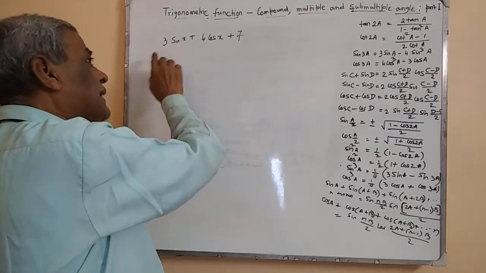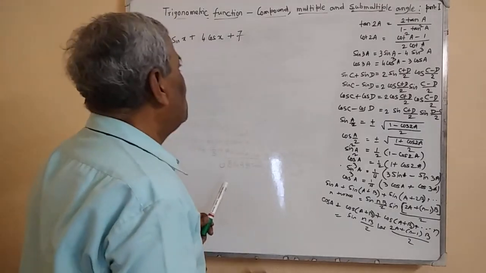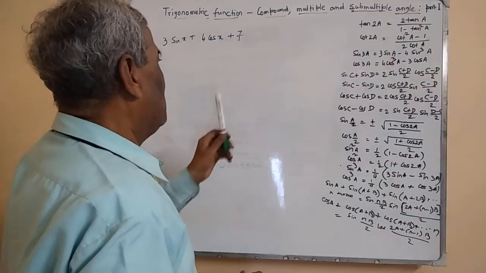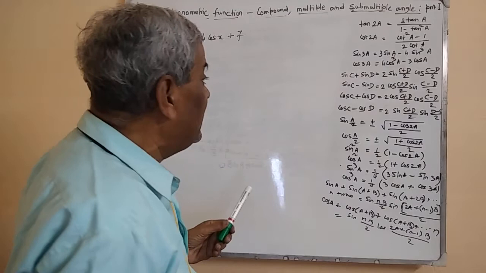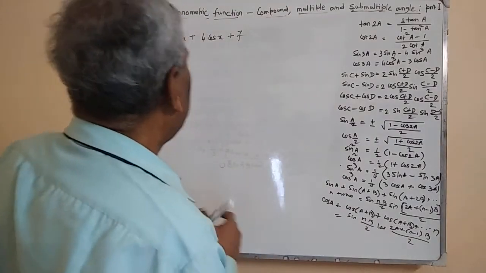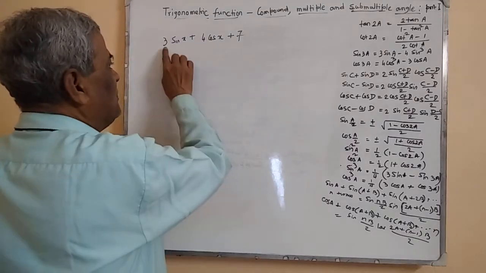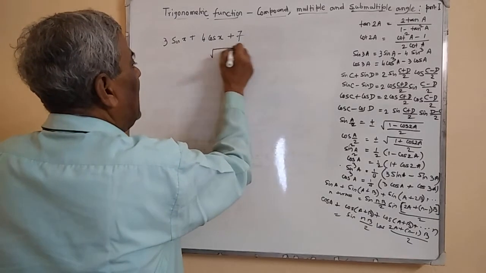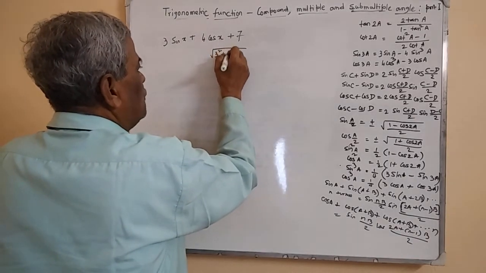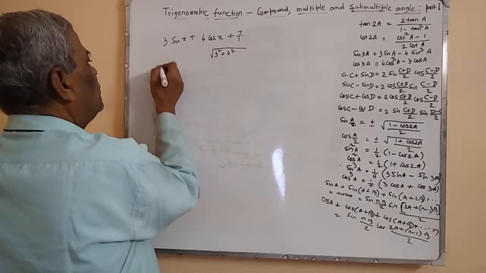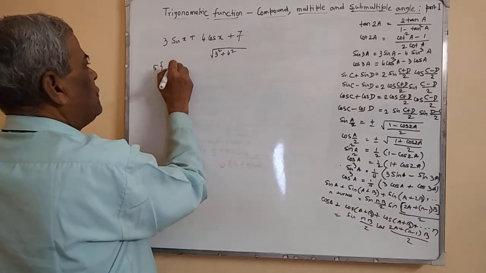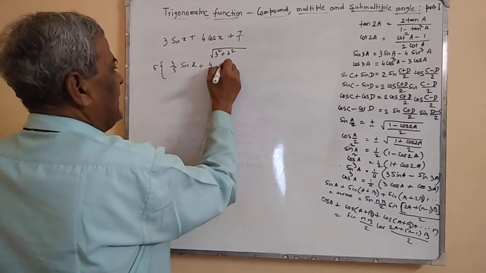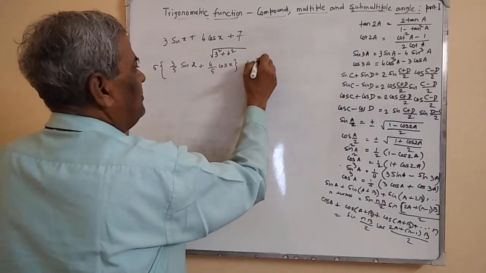So to get its maximum and minimum value, let us try to express all these things in terms of only sine or only cos. For that purpose, as it is a linear combination of sine and cos, we divide and multiply by the square root of 3 square plus 4 square, that is 5. So 5 into 3 by 5 sin x plus 4 by 5 cos x plus 7.